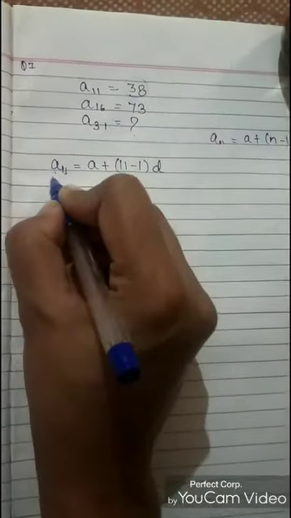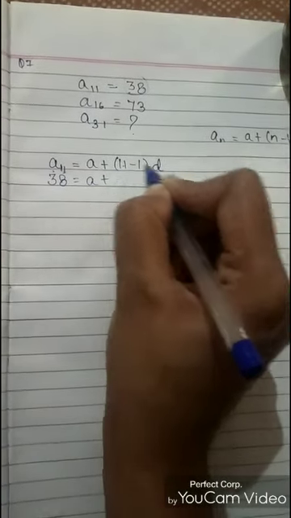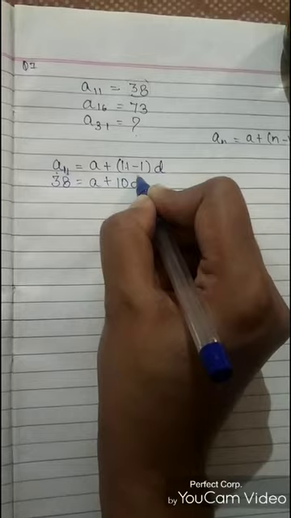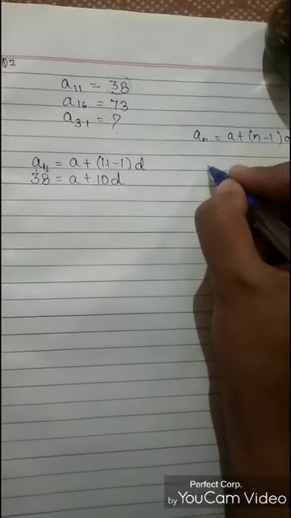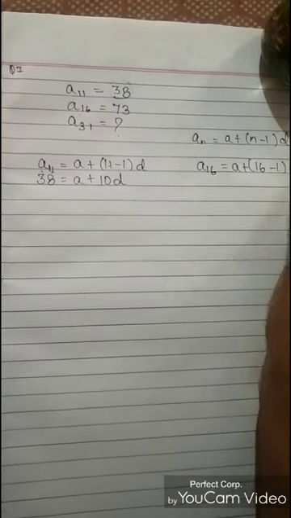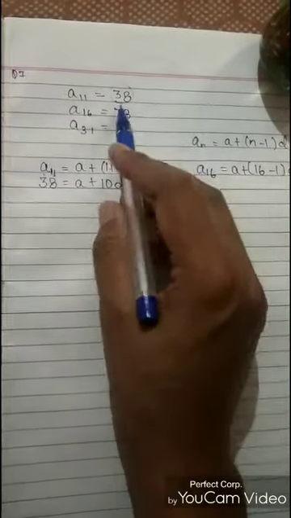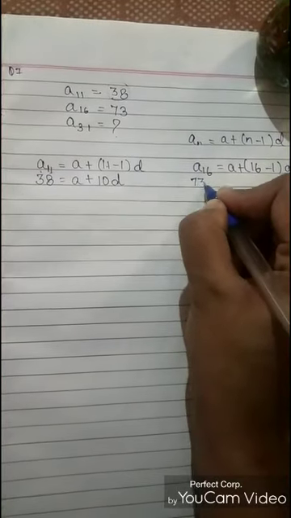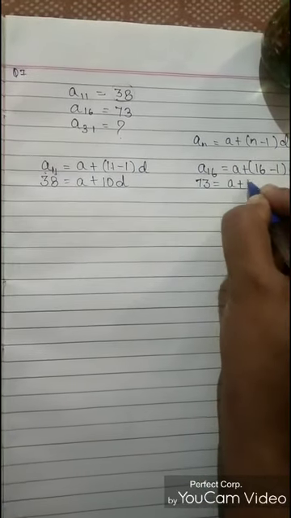So write it here, 38 is equal to a plus 10d. Now similarly we will write for A16. A16 is equal to a plus 16 minus 1 into d. The value of A16 is 73, equal to a plus 15d.